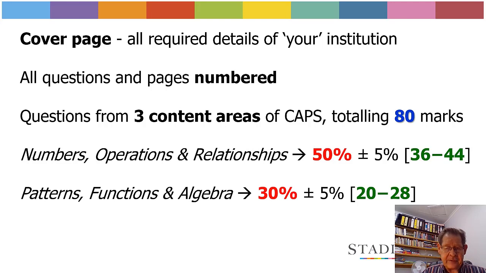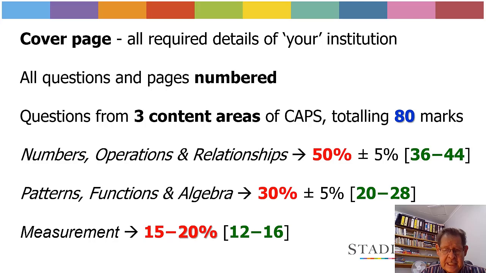The next content area is patterns, functions, and algebra, and between 25 and 35% of the exam should be forthcoming from this area, about 20 to 28 marks, more or less. And then the third content area is measurement, and between 12 and 16 marks, or perhaps a bit less, 15 to 20% of the exam should be forthcoming from this content area.